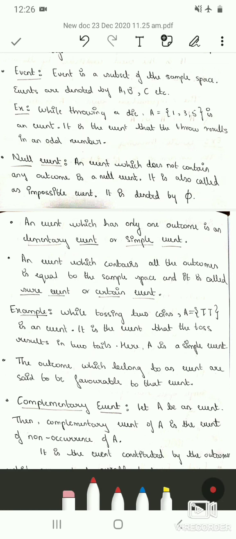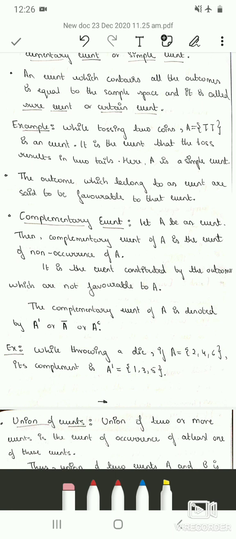So the next important definition is complementary event. Let A be an event, then the complementary event of A is the event of non-occurrence of A. It is the event constituted by the outcomes which are not favorable to A. The complement of A is denoted by A dash or A bar or A^c, where c represents complement.